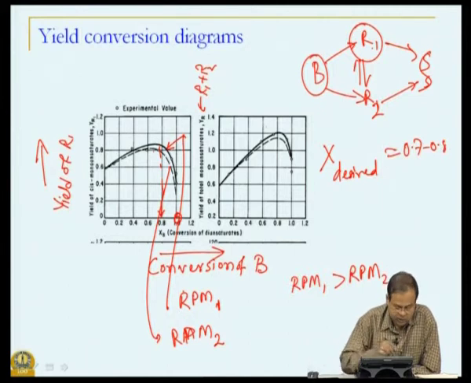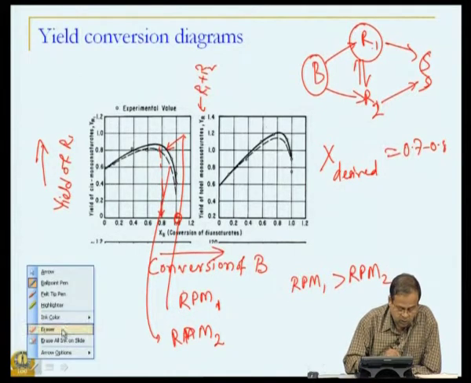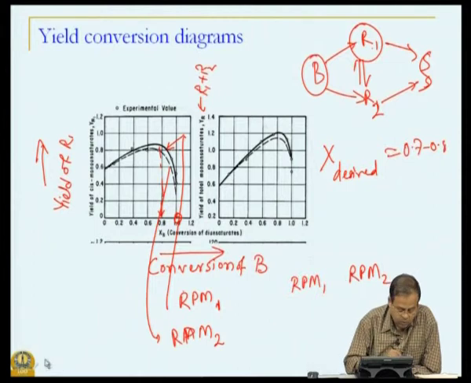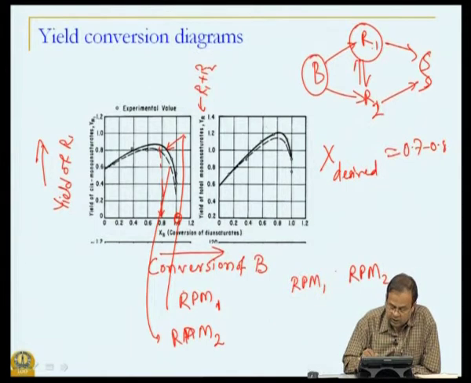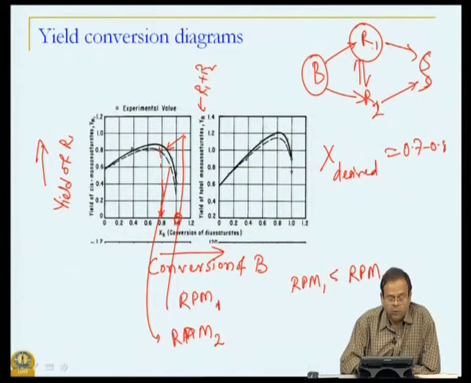I stand corrected, these are the results for RPM 1 being less than RPM 2. So, if you agitate more, you get lower yields.